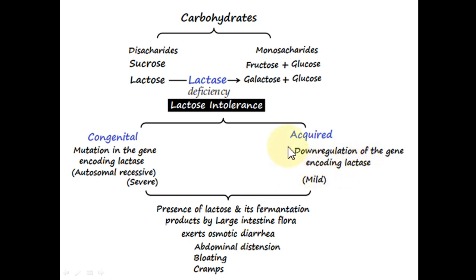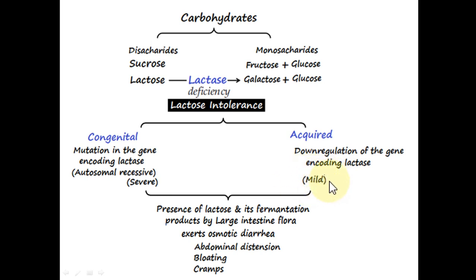In these cases, if the lactase enzyme is severely deficient, since the milk is a part of the food of the child, it may give rise to mild type of symptoms.